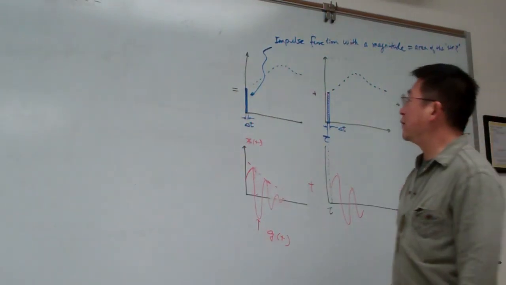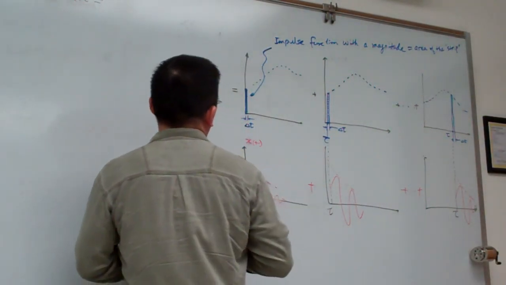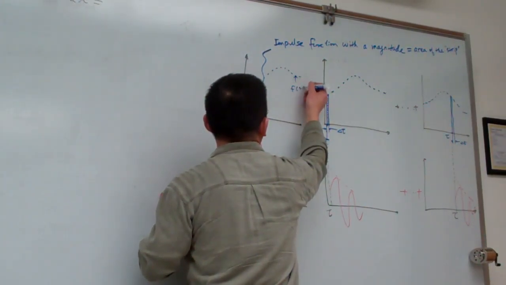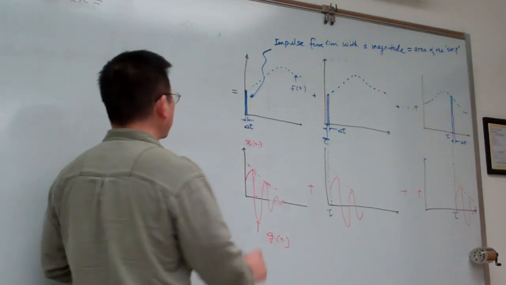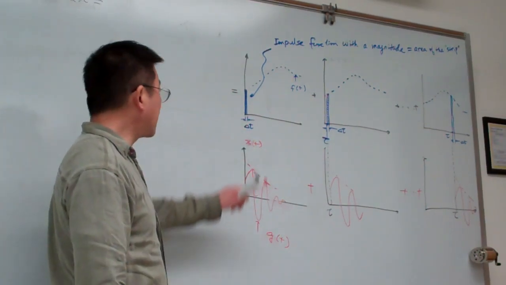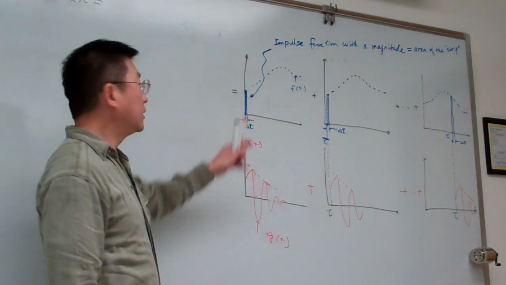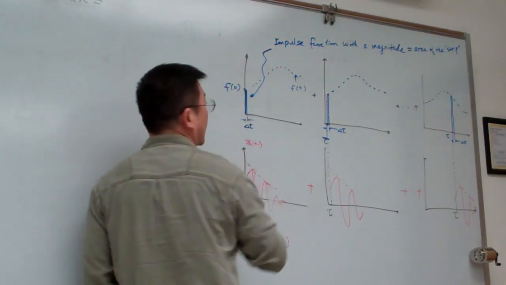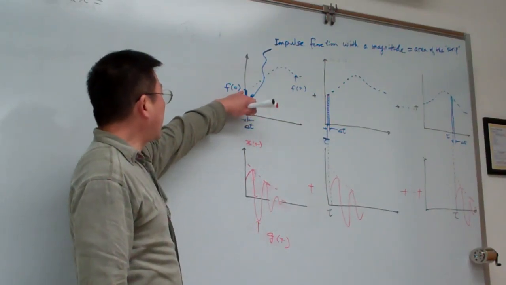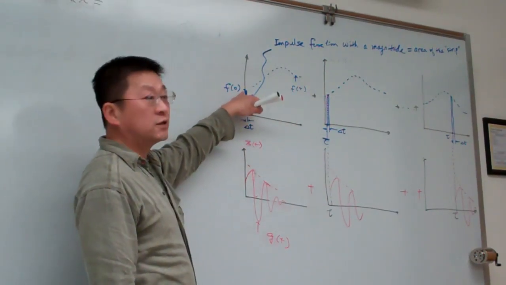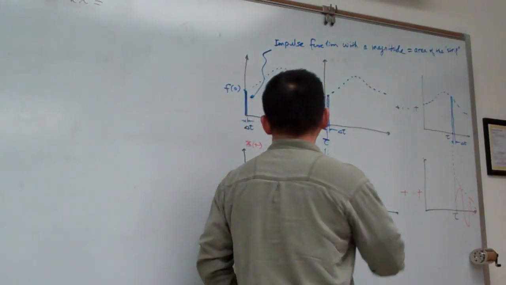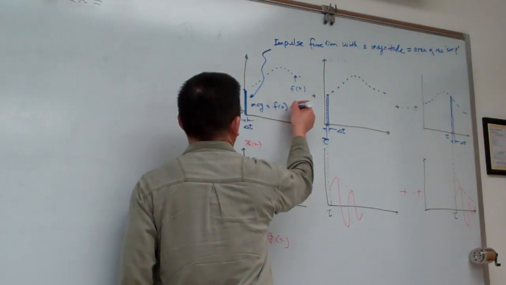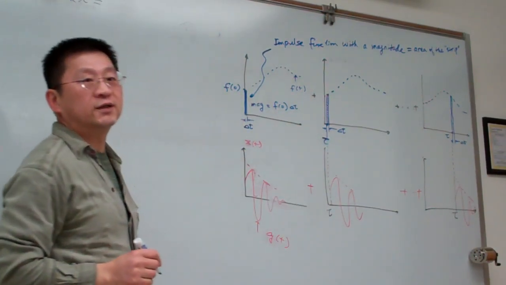Okay. So for example here, if you remember, this is our ft, right? So basically here we can determine the magnitude of such impulse function, which is equal to this number, f0, right? So this number is the value of this function at time equal to 0, so f0. So its magnitude equal to f0 times delta t. Per the definitions.